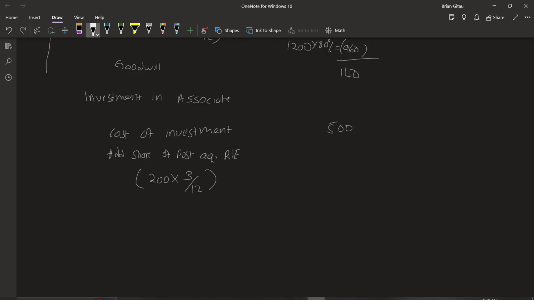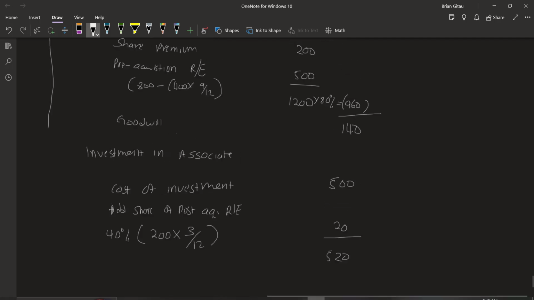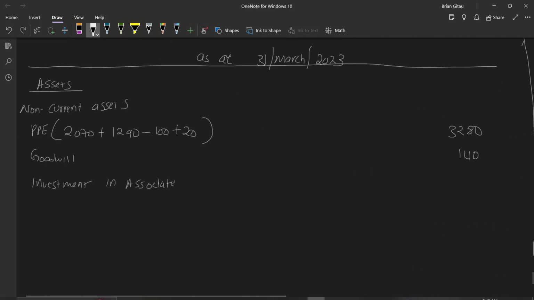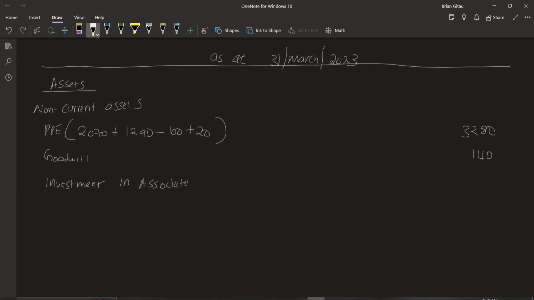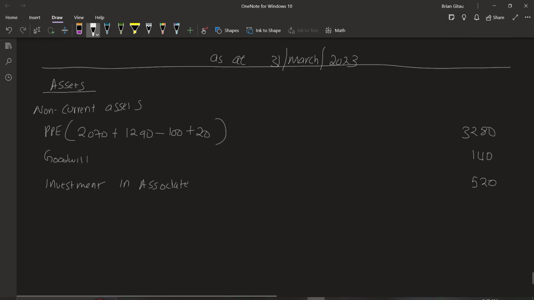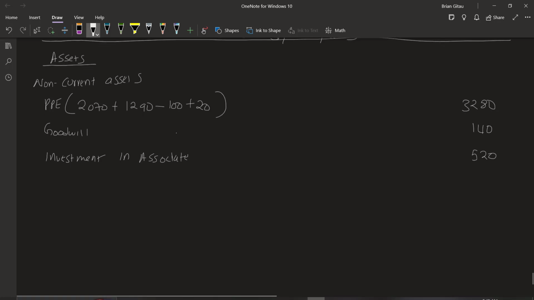But we need only our share. Our share is 40%. So 40% of 200 times 3 over 12, and that is giving me 20. So our investment in associate will be 520. So we have that, and I don't think we have anything else.